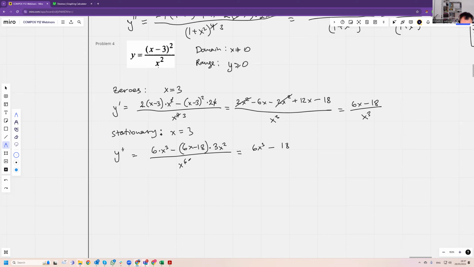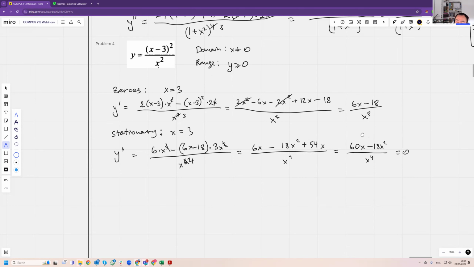Let's simplify: that is going to be x to the power 4 in the denominator, giving 60x minus 18x squared divided by x to the power 4.